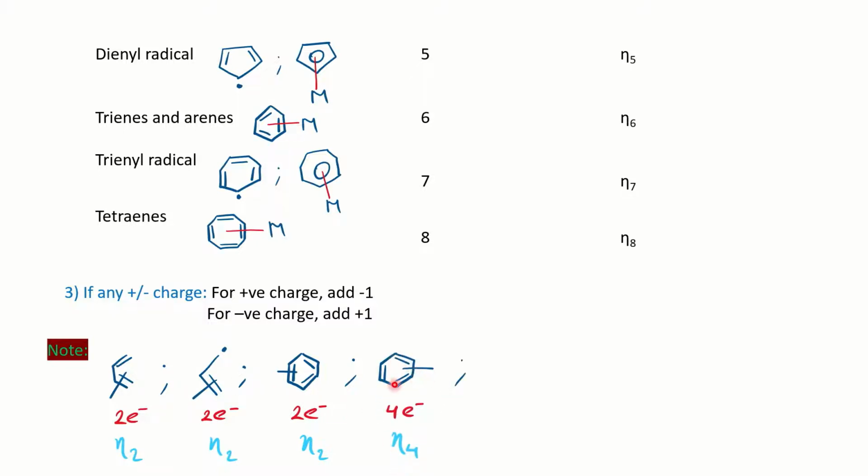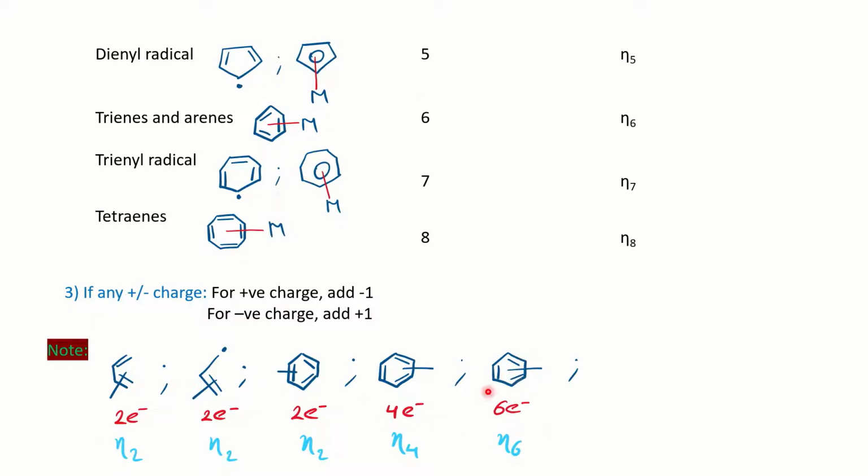Here you can see you have benzene again, but only 4 pi electrons are donated to the metal. It is across the 4 pi electrons, not on the double bond. So 4 electrons means the hapticity is eta 4. Now you can notice the difference from 2 electrons to 4 to 6.